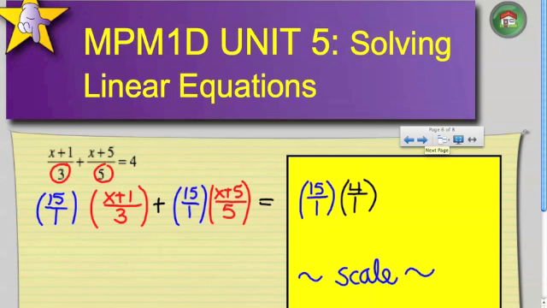Okay, so looks a little bit complicated right now, but this is how we eliminate the fraction. And how we're going to do it is, with each term, we're going to cross-multiply to reduce. 3 goes into 15 how many times? 5 times. 5 goes into 15 how many times?